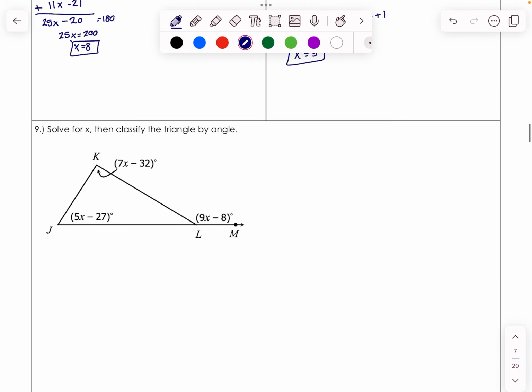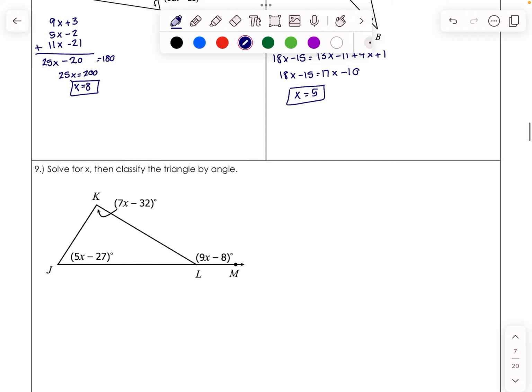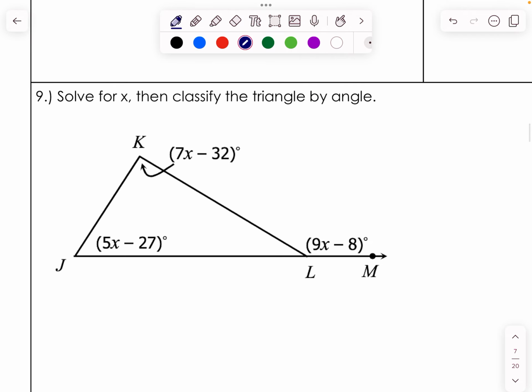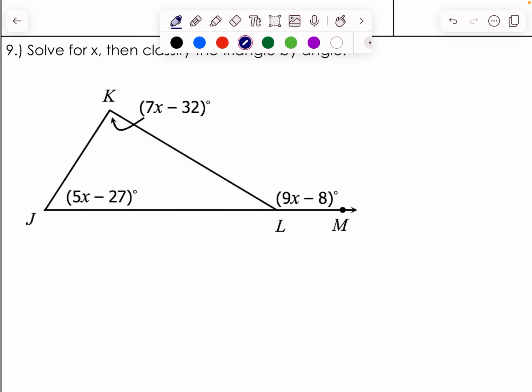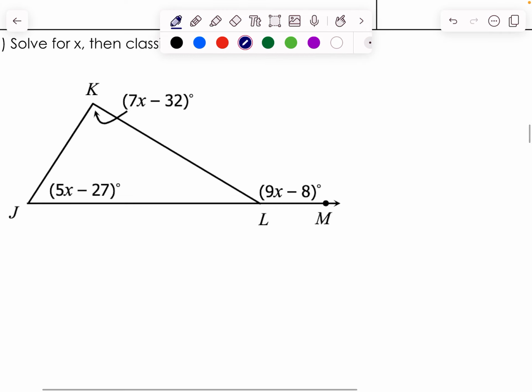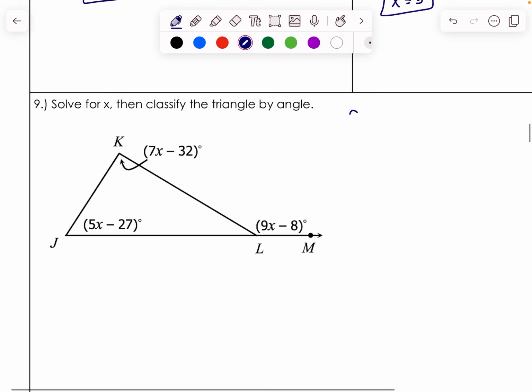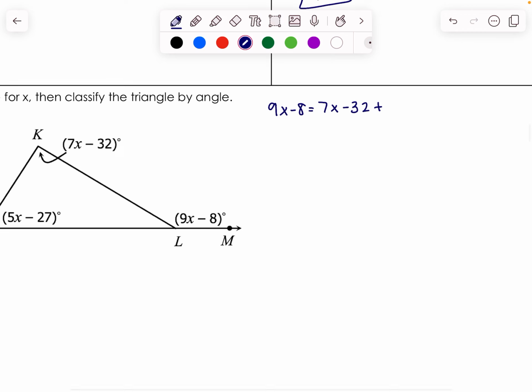Okay, and then this last one, it says solve for x, then classify the triangle by the angle. So we're going to solve for x. Again, that's similar to what we just did. That's an exterior angle equals my interiors added together.